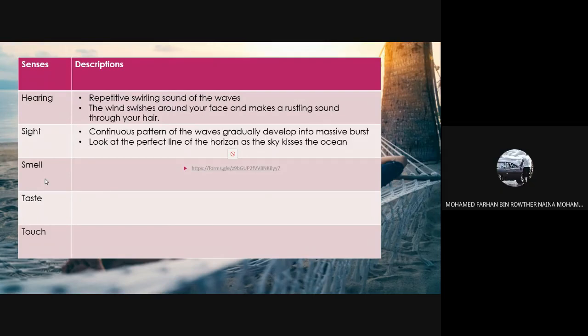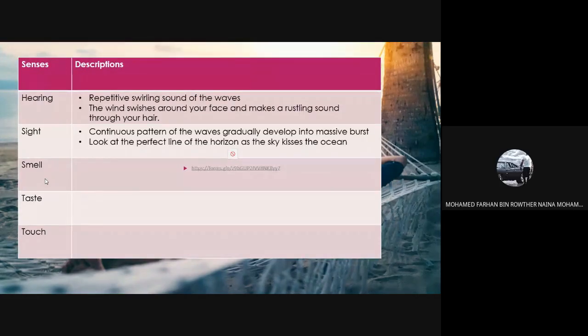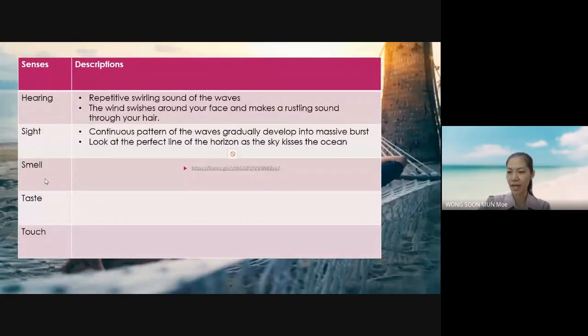Let me do Inky Pinky Ponky first. Hakimi, are you here? Hakimi? Hello, Hakimi. You're always so quiet in the class. He is here, teacher. Sorry? He is here now. Oh, okay. Hakimi? Should I call someone else?